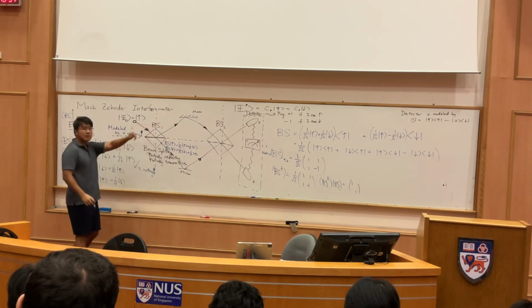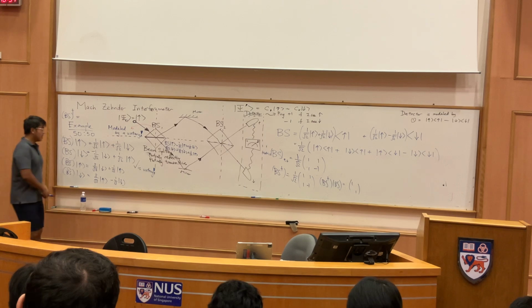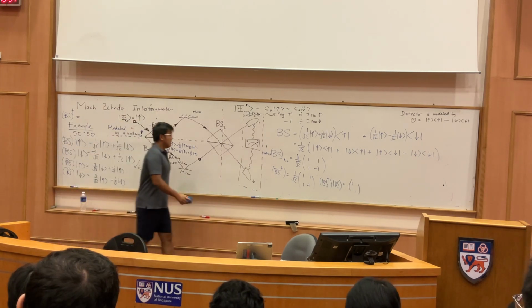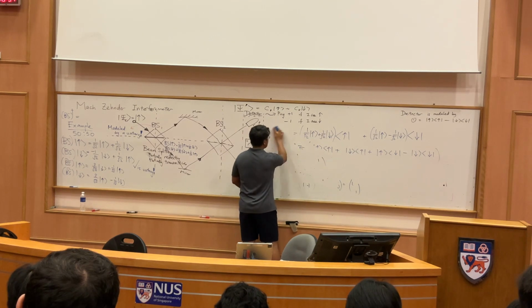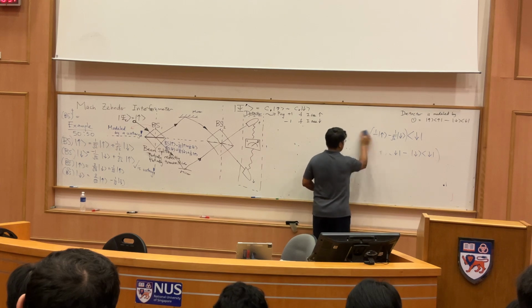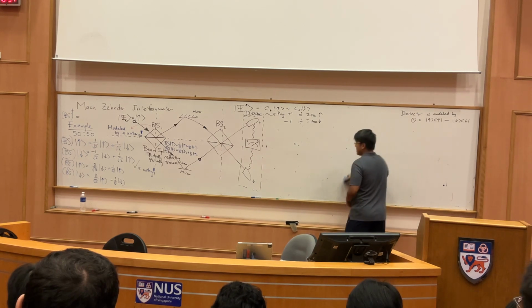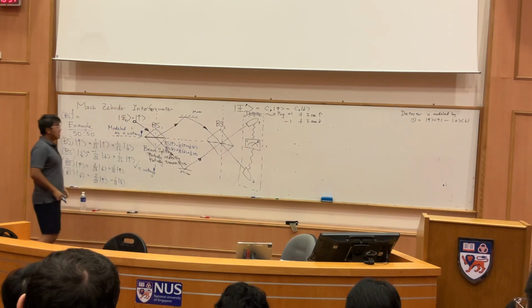So let's assume that both of them are the same as well. BS1 is the same as BS2, so the same material, the same components. Good. Now let me ask this question.